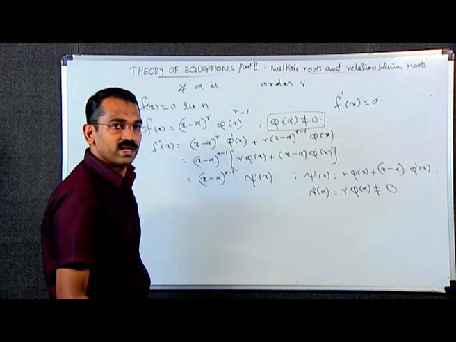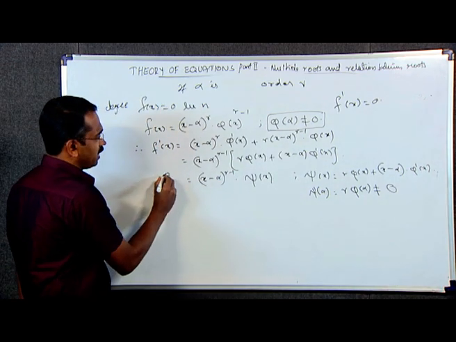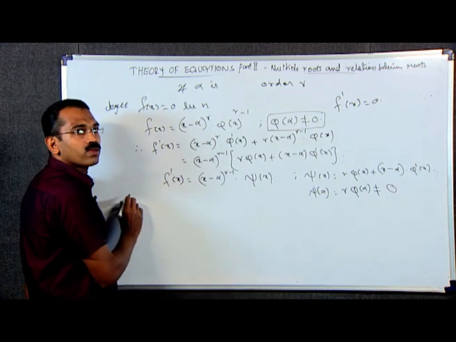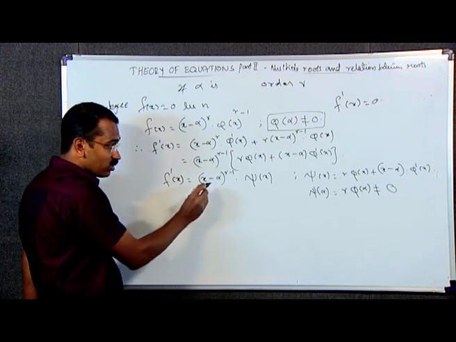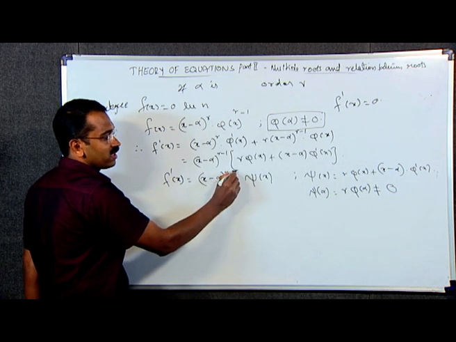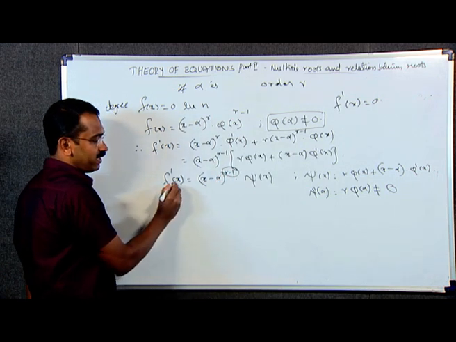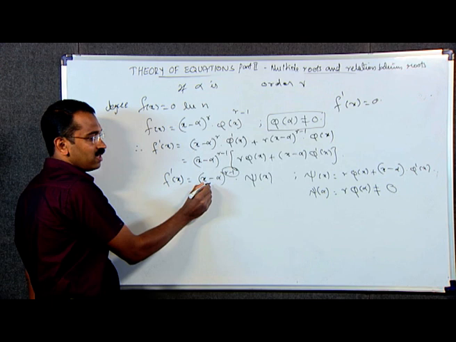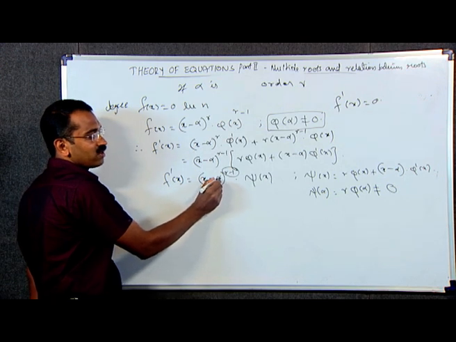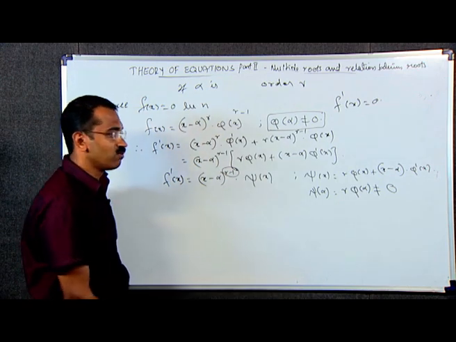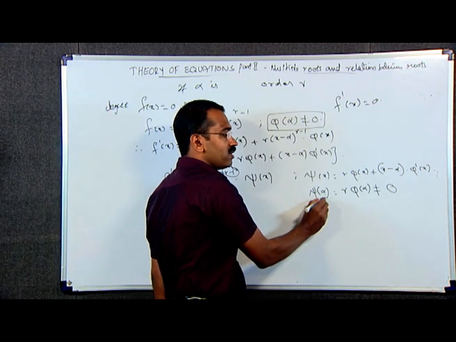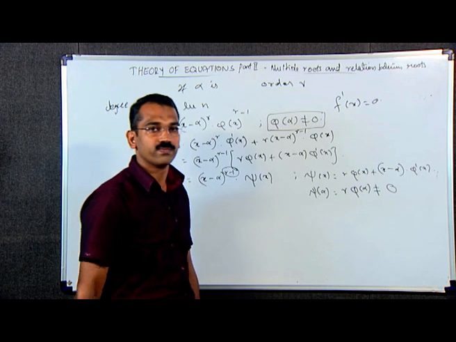Therefore, we can say that this function f dash x has a root alpha of multiplicity r minus 1, because we can write f dash x as x minus alpha raised to r minus 1 into some function of x, where psi of alpha is not equal to 0.